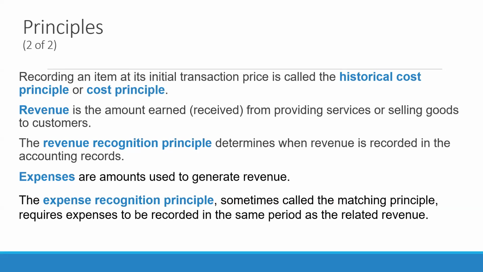This is also very relevant in inventory. If you have a retail business, you purchase a whole bunch of inventory. That's not an expense when you purchase the inventory. That expense, cost of goods sold, goes on your income statement in the period in which you sell the inventory.